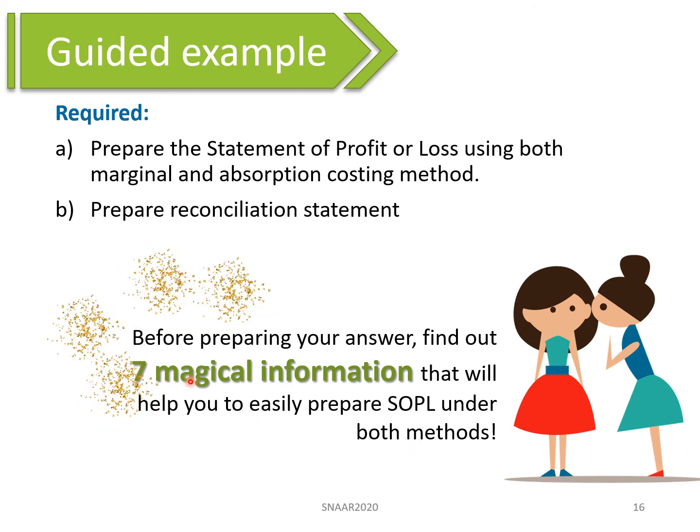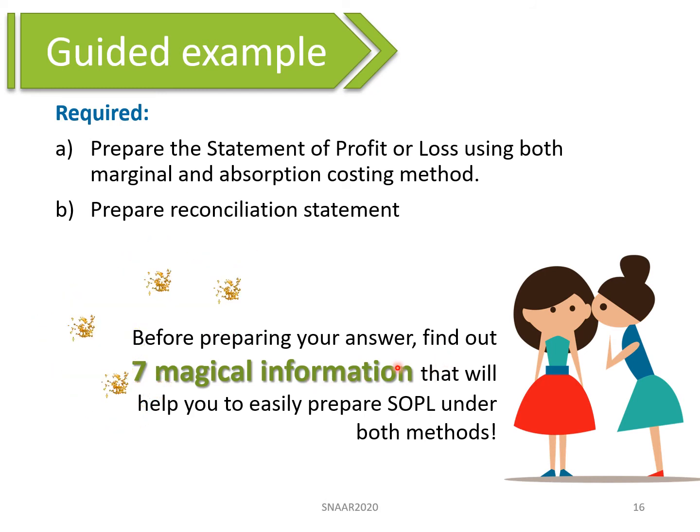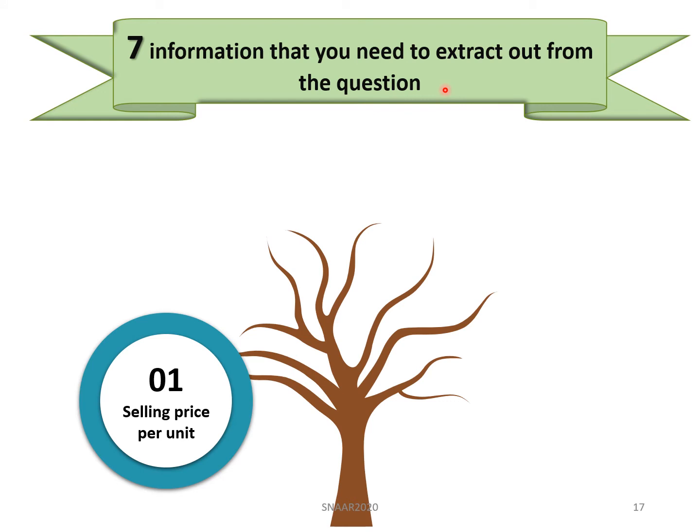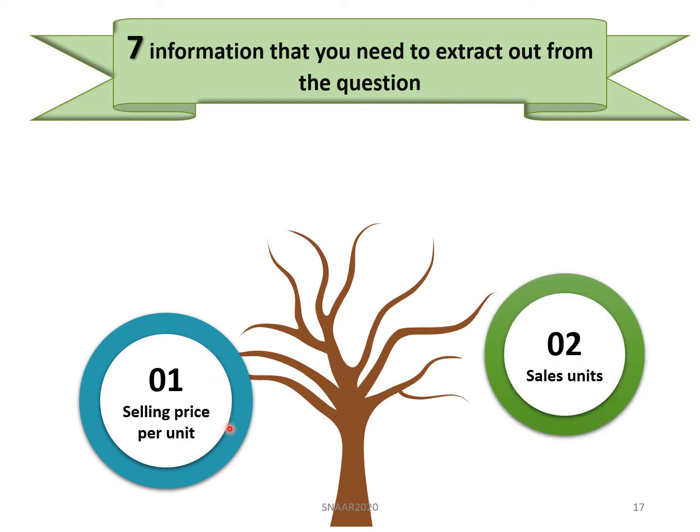So, the 7 magical information. Right, so the 7 information that you need to extract out from the question, whatever question that they give you, you kena keluarkan the 7 information first. First one adalah, you have to identify the selling price per unit. Second one, you kena identify berapa sales unit dia.